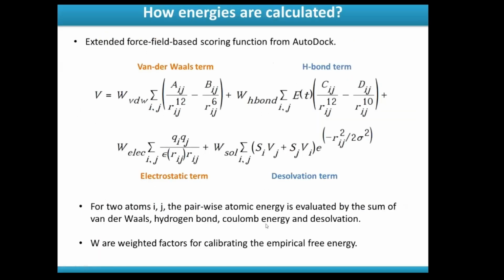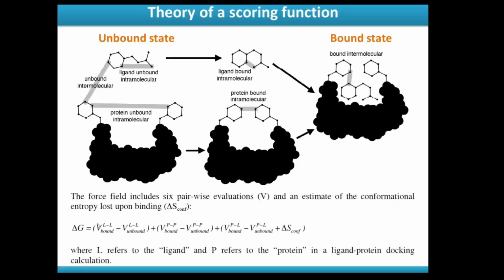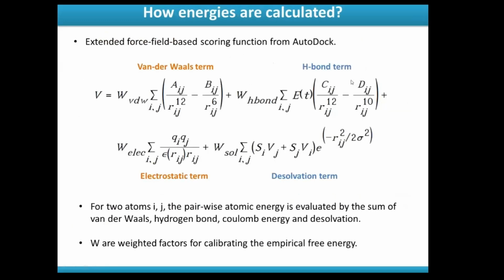So let's see further how this V or potential energies are measured. We know that this is a non-bond interaction. There is no covalent interaction in this case. So these will be non-bond interactions. So there are two ways that these interactions can be calculated. One is van der Waals and another one is the electrostatic term.